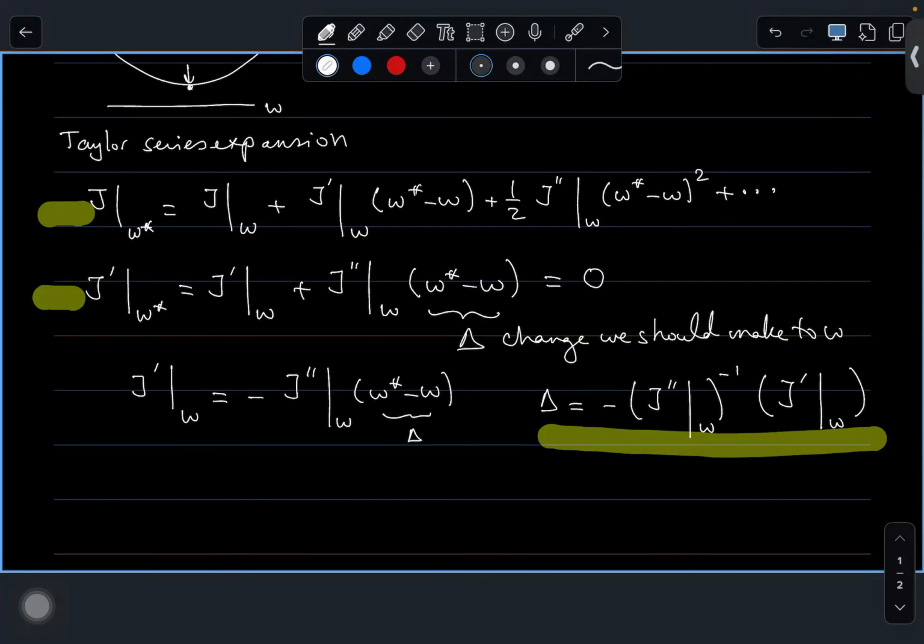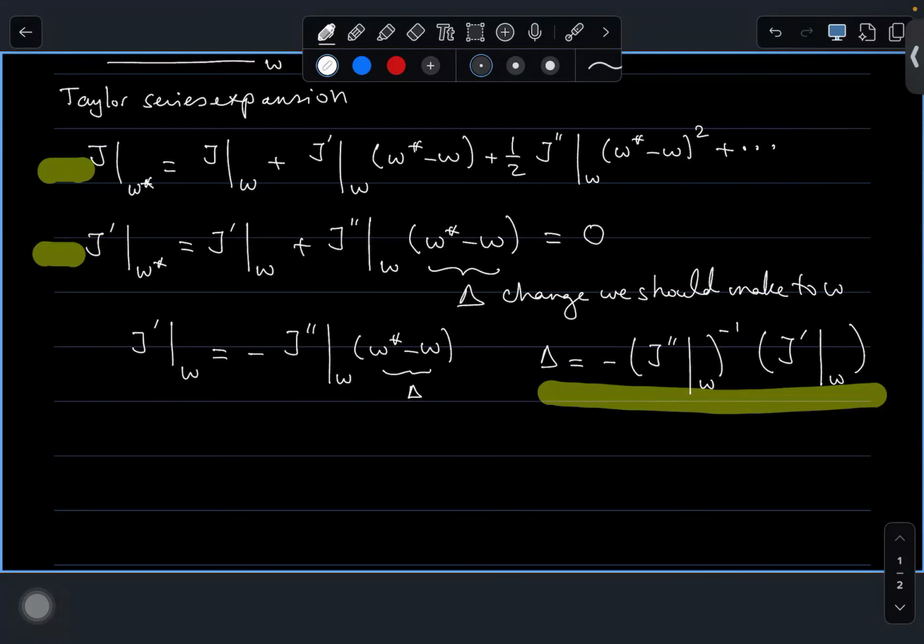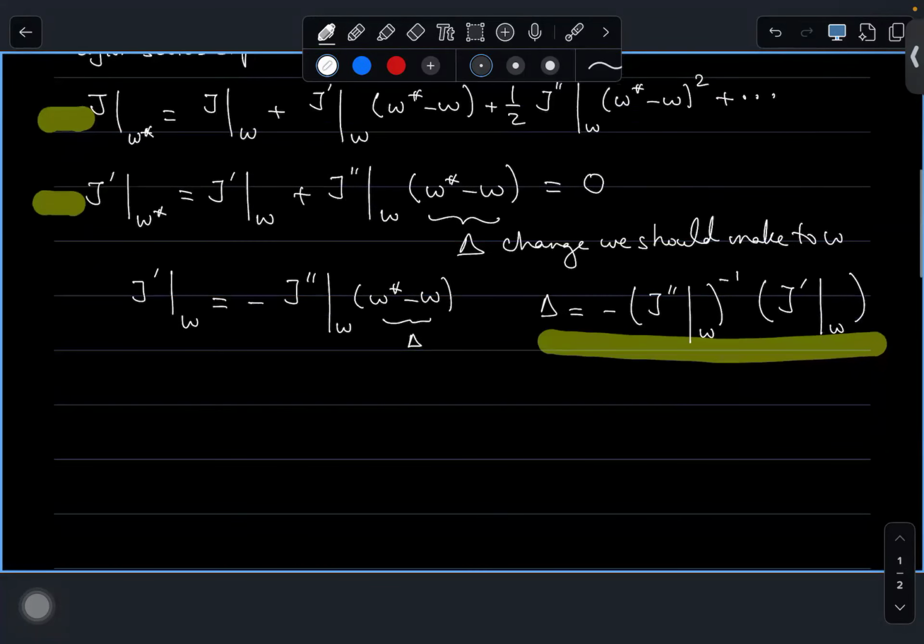Now, I just did this for W where it was a scalar. It was much more interesting, of course, if W is a vector. But before I continue, let me ask, do you have any questions about what I just did? All I did is use the Taylor series expansion to write the cost function at the optimum W, with respect to where I am now.